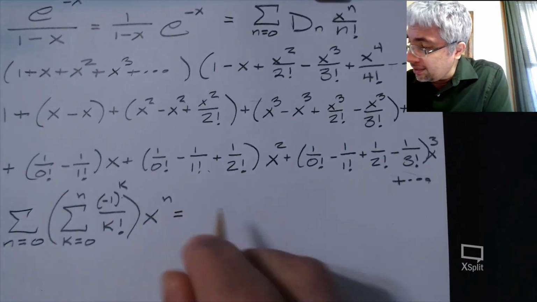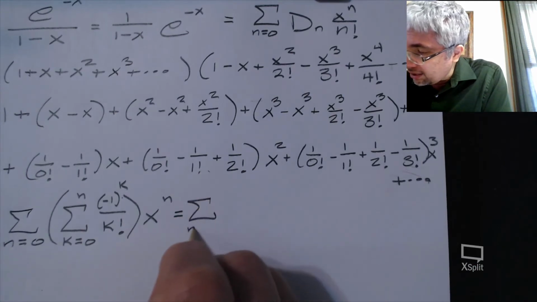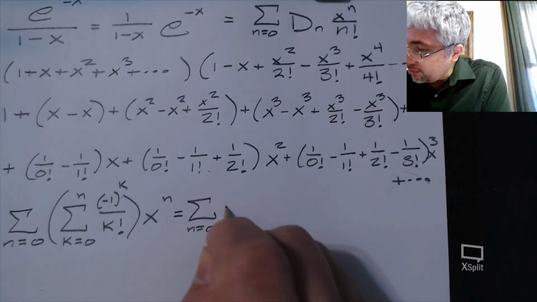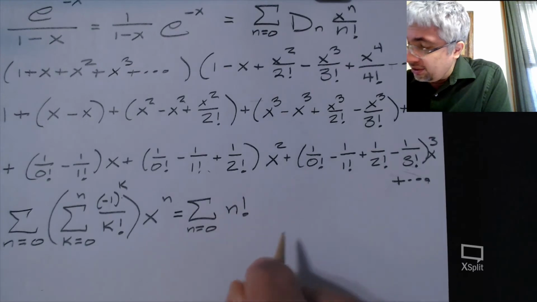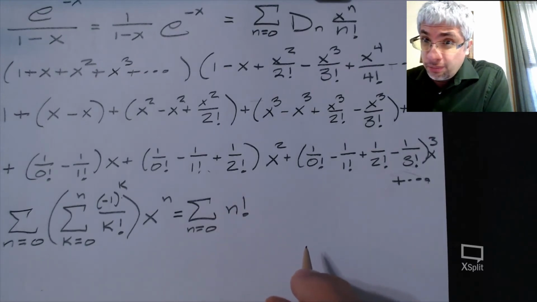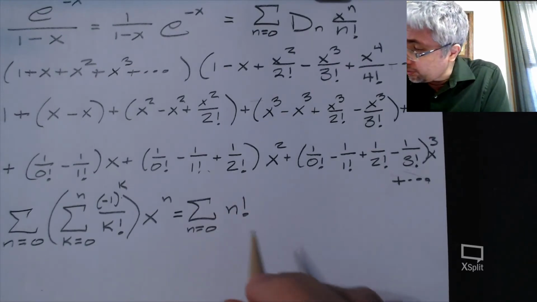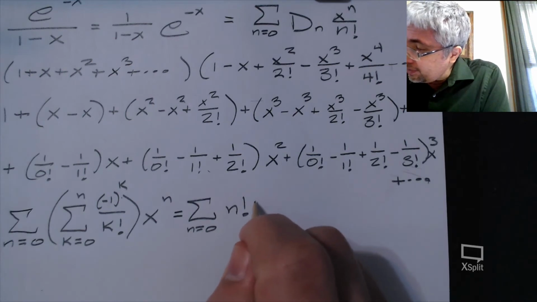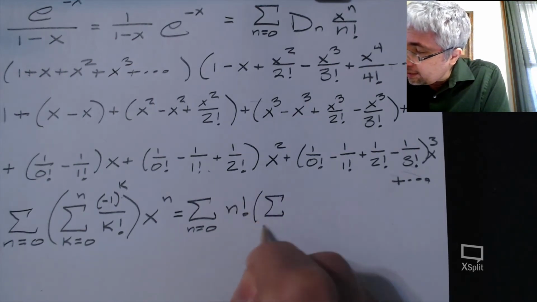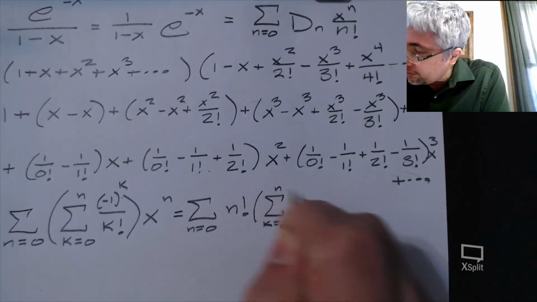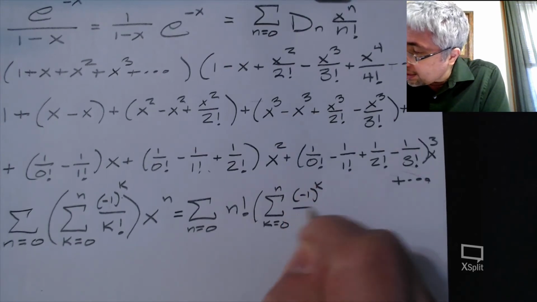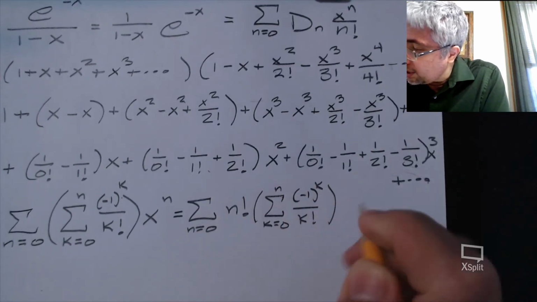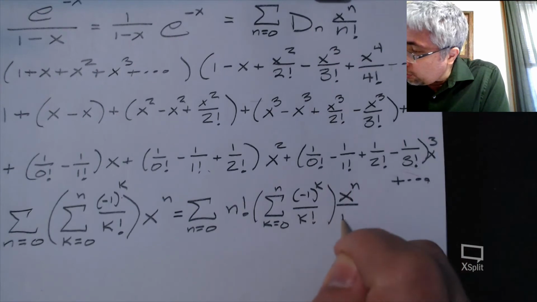Remember, I like to sometimes say that there's only 2 tricks in my lower level courses. And one thing is you're allowed to multiply by 1. So I'm just going to multiply by n factorial over n factorial. So what I have here now is the sum from k equals 0 to n of minus 1 to the k over k factorial times x to the n over n factorial.